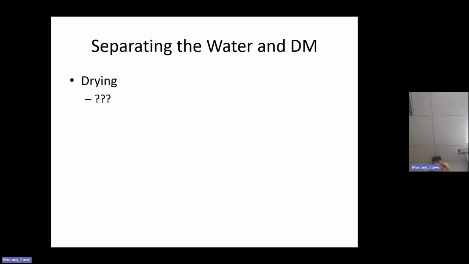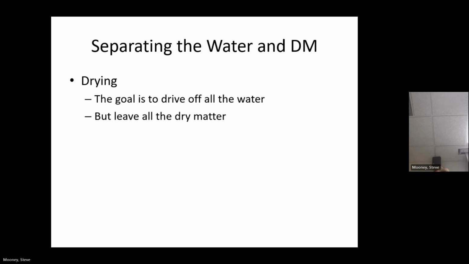So separating water from dry matter. This is not an easy thing to do. If we're looking at the drying processes, which are the ones we'll be dealing with in this class, water does not want to separate. So our goal with drying is to drive off all of the water, but yet leave all of the dry matter.